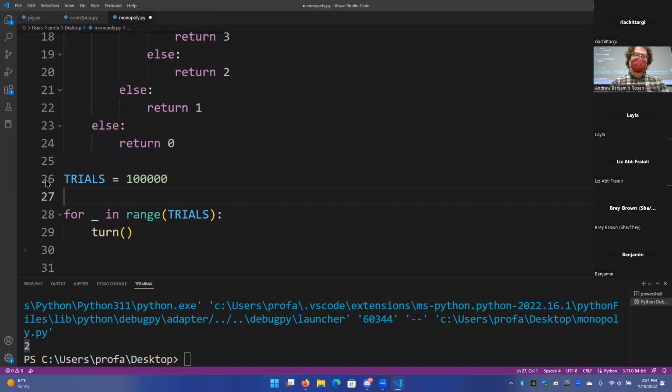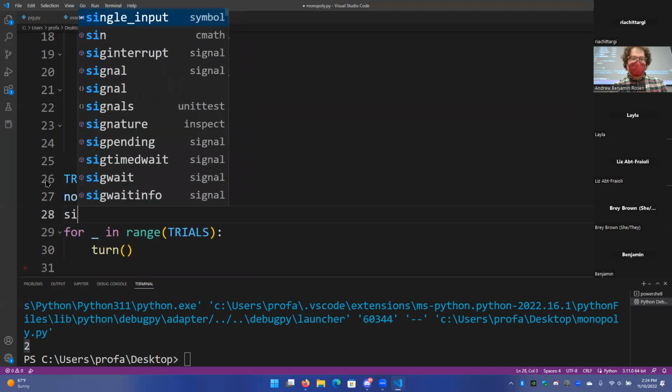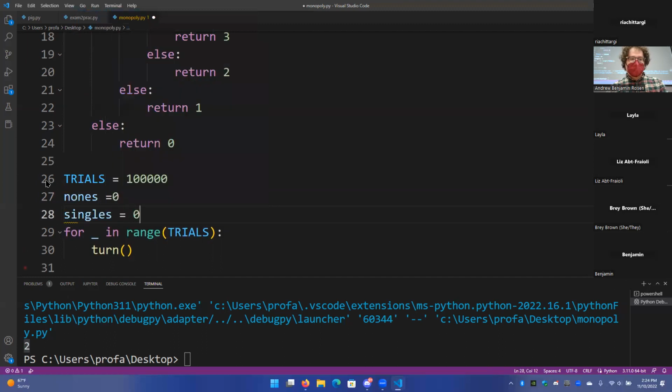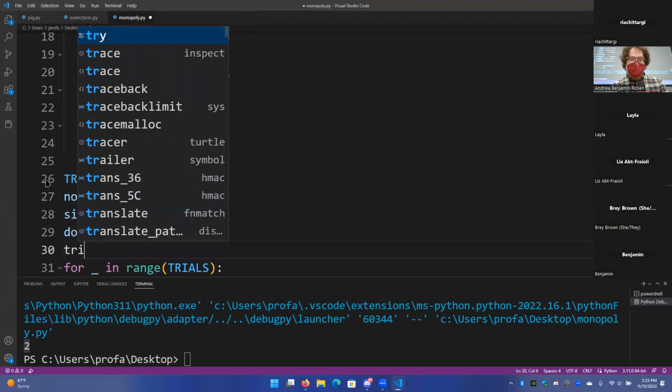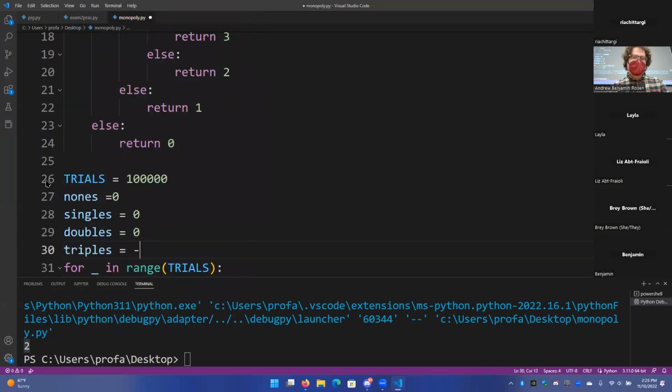Or since we know there's 4 different outcomes, we could do nones is equal to 0, singles equal to 0, doubles is equal to 0, and triples is equal to 0. How many times did we get a pair? Once, 0 pairs, 1 pair, 2 pairs, 3 pairs, right? And then write an if else statement based on the outcome, right?